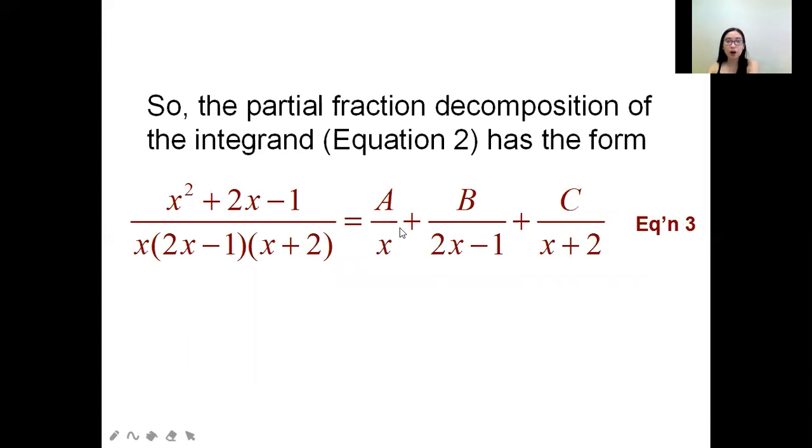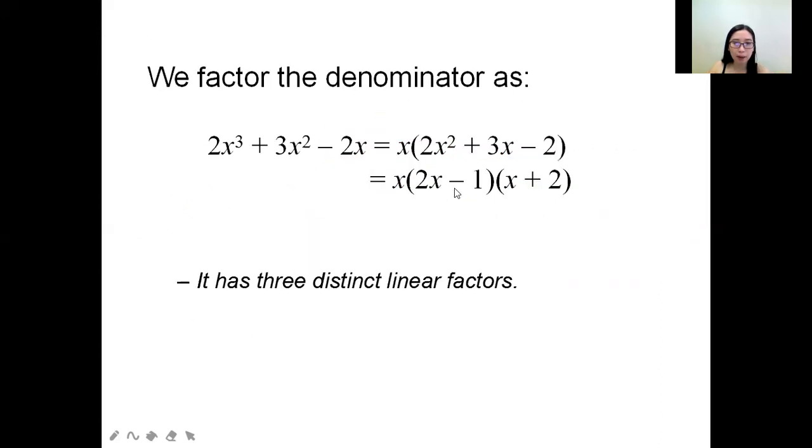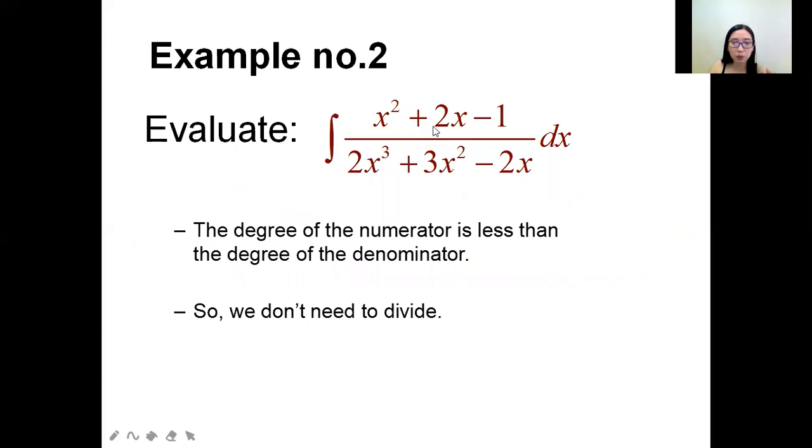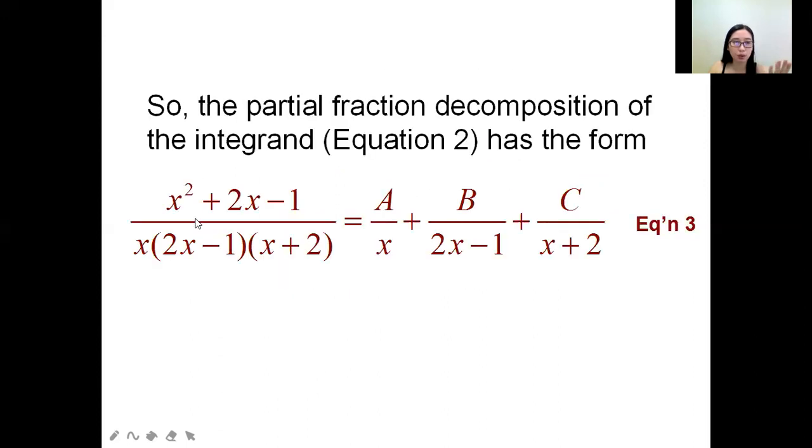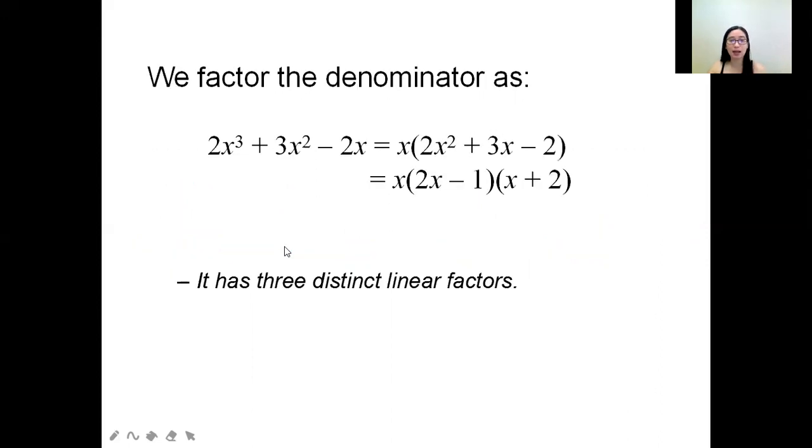So for the partial fraction decomposition of the integrand, we use equation number 2. Given our x squared plus 2x minus 1, we have x squared plus 2x minus 1 over the three distinct factors in the denominator, which is x times the quantity 2x minus 1 times x plus 2.